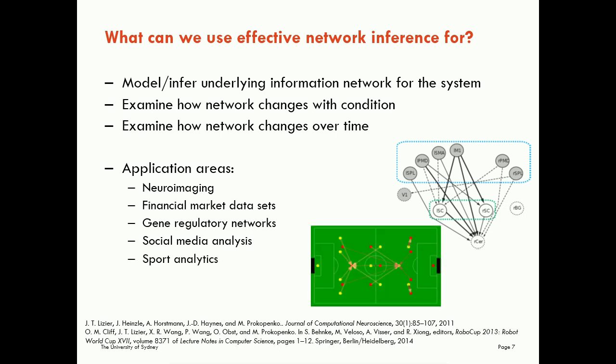This picture here is from one paper that we wrote, analysing interaction between RoboCup players in artificial soccer leagues. And there are many, many more applications beyond this. In the next short video, what I'm going to do is to start looking at how transfer entropy can be used to quantitatively give us an algorithm for effective network inference.